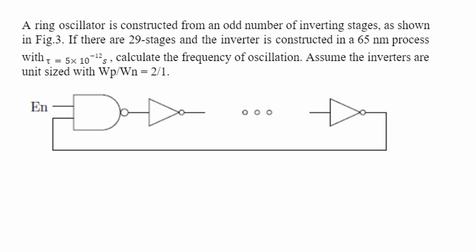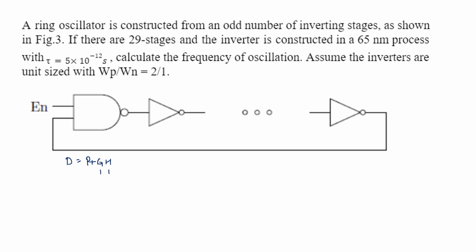So first let's calculate the normalized delay of each inverter. We can write delay is equal to P plus GH. H is nothing but the fan out. The output of each inverter is connected to the input of another inverter. Therefore this is equal to 1.